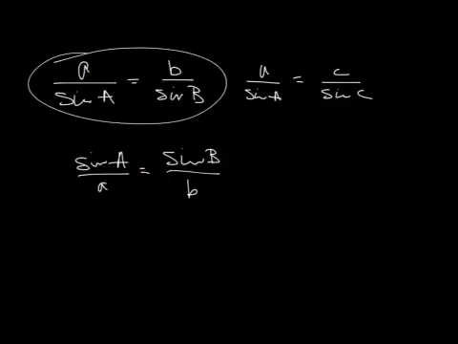If they're looking for an angle, use this formula because the angles are on top. It doesn't matter, but you'll find that it's easier to solve when whatever you're looking for is in the numerator position. So again, it doesn't matter, but it does make it easier.